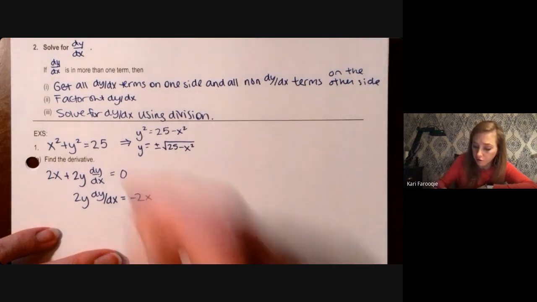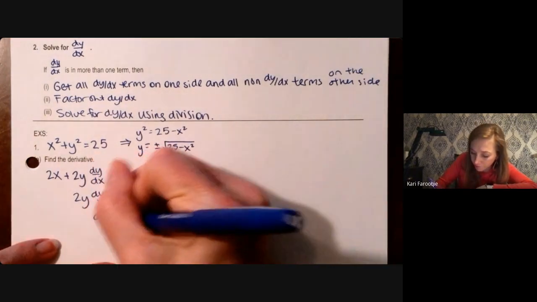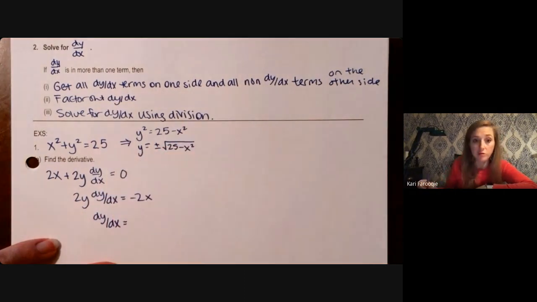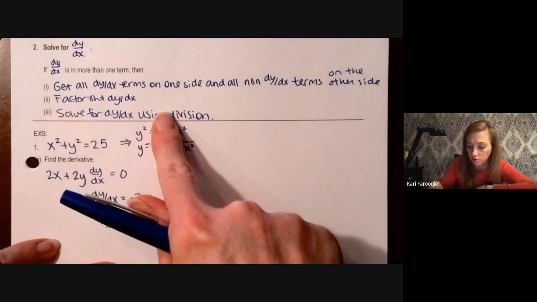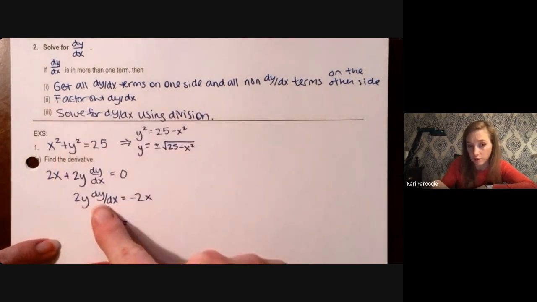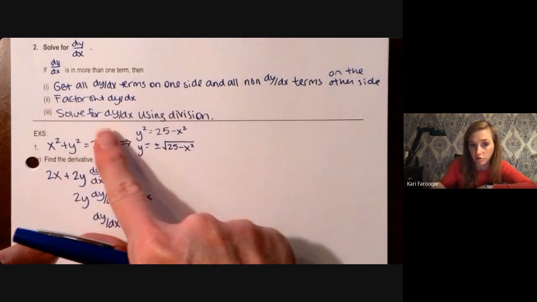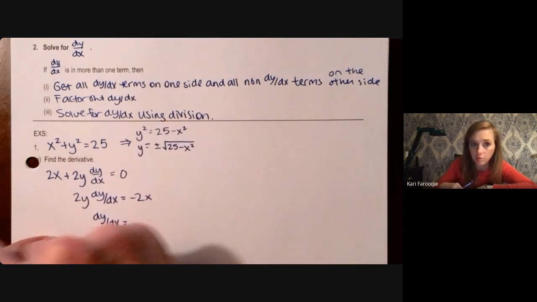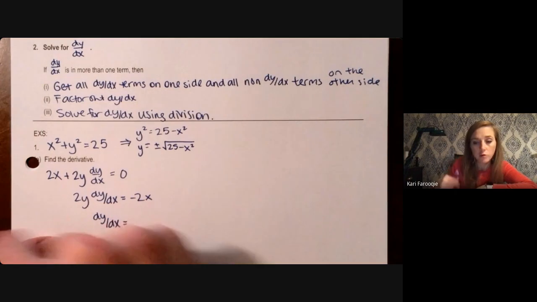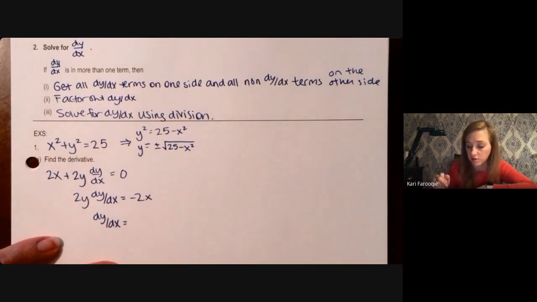Now to solve for dy dx, we're going to use division. So we get all the dy dx's on one side, factor out dy dx. Well, we don't actually have to do that in this case because we can just solve using division. If we had more than one term with the dy dx in it, we would have to factor that out first. So you will see an example where we need to do that step.